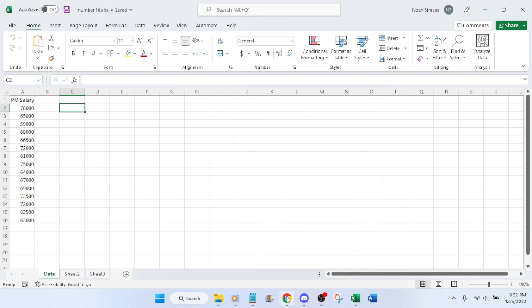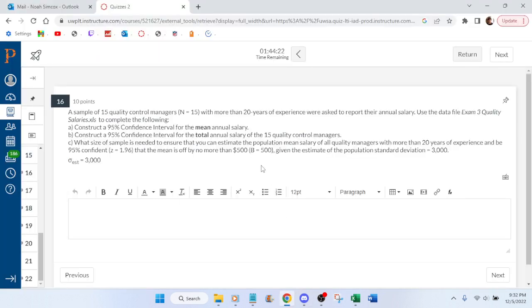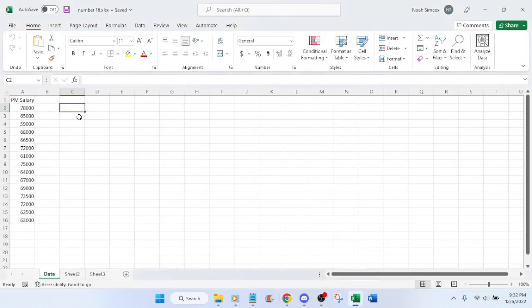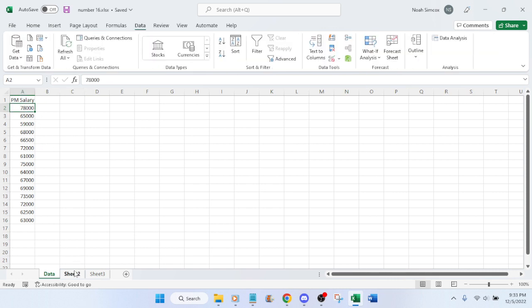So, we have salaries. Construct a 95% confidence interval for the mean annual salary. Oh no, dude. Oh, never mind. This is easy. All I have to do is descriptive statistics. Why is there two sheets?